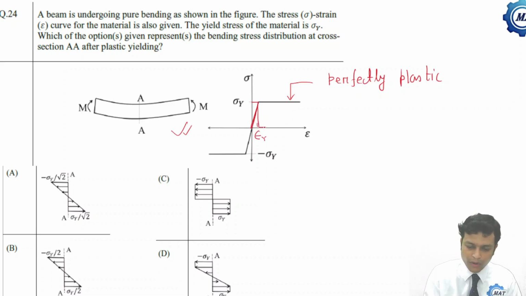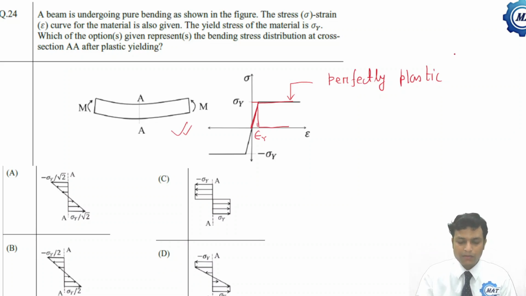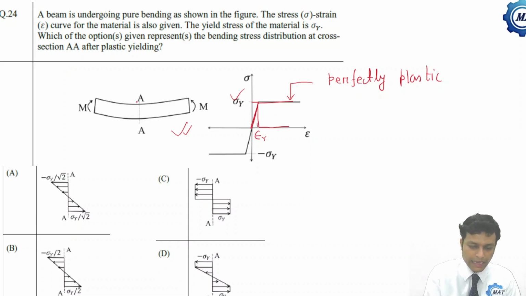After that, if we increase the strain, the stress value doesn't change. Stress value is constant. So this is elastic, then perfectly plastic. The yield stress of the material sigma y is given.